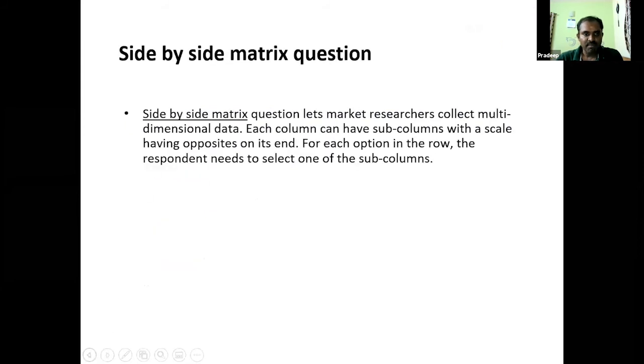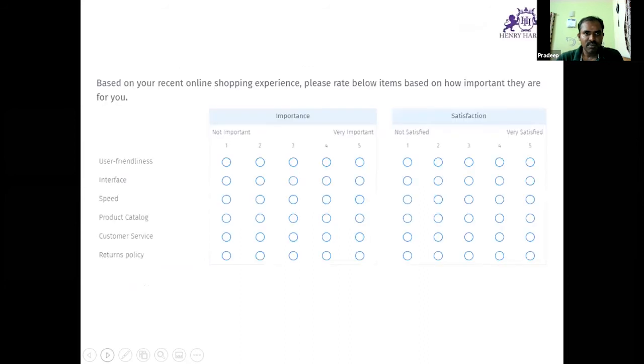You can have side-by-side metrics. Do you know what side-by-side metrics means? For example, for a recent shopping experience, please rate based on how important it is, and another parameter is satisfaction. So you can have side-by-side metrics, because it is very easy to capture a lot of data in one set of questions.